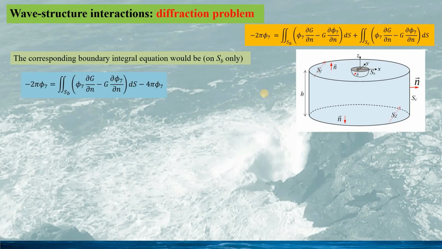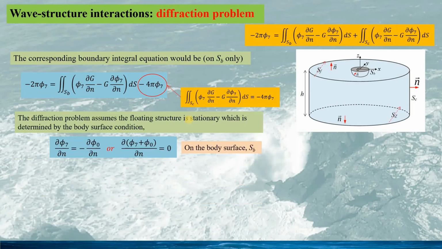And if we apply the values of the potential on SB due to the surface integral on SC given here, then we have the boundary integral equation for the diffraction problem as this. For the diffraction problem, the body surface condition would be given as this.